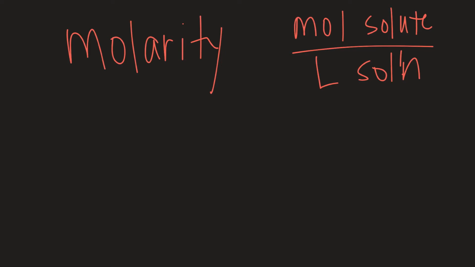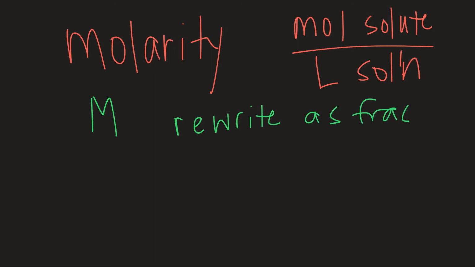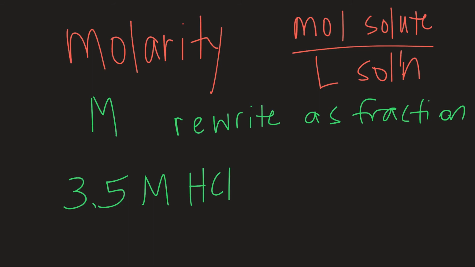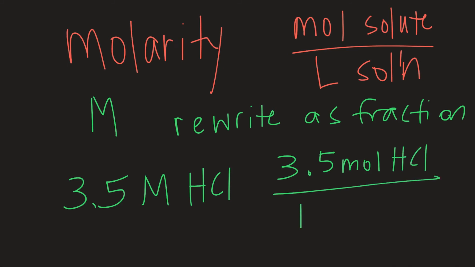The other thing that you should know is that big M is the symbol, and always rewrite as a fraction whenever you see big M. So for example, if we have 3.5 molar HCl, you can convert that to 3.5 moles of our solute, which is HCl, in every 1 liter of the total solution, which would be the HCl dissolved in the water. And then this is what you're going to use in your calculations. Good luck.